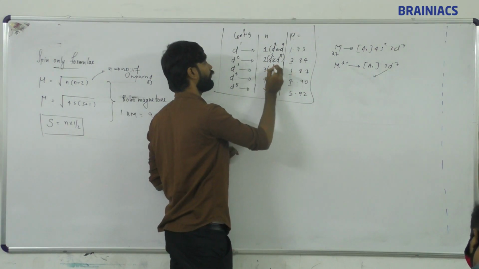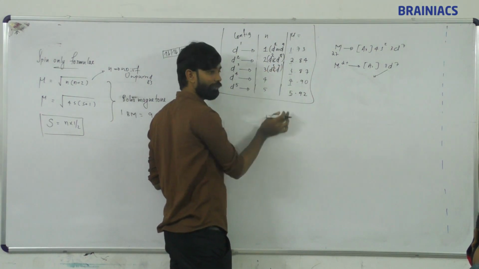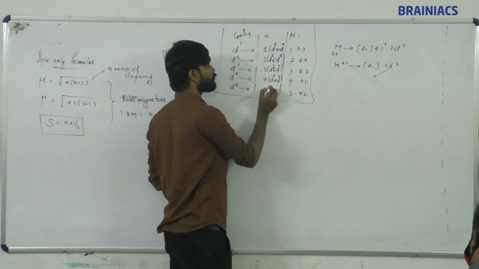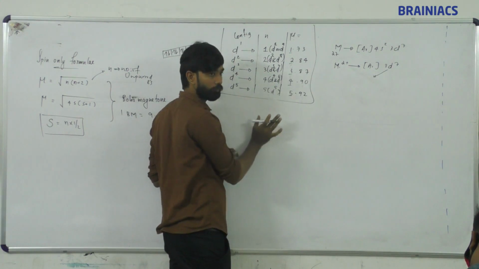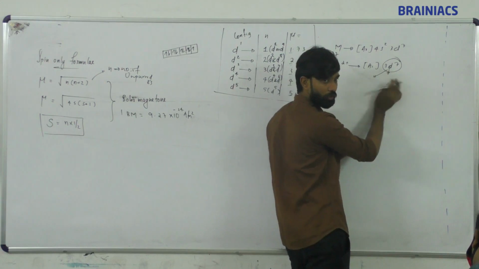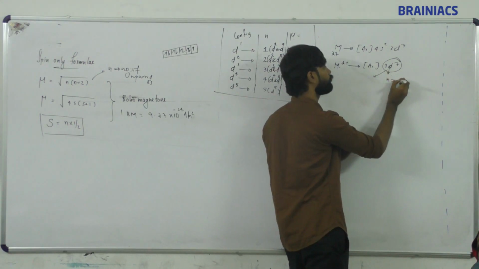For d3 and d7, the n value will be 3. Here we have d7, so 10 minus 7, that is n equal to 3.